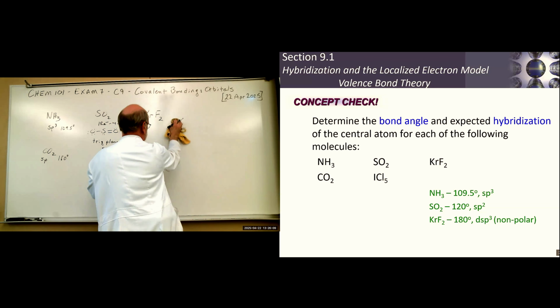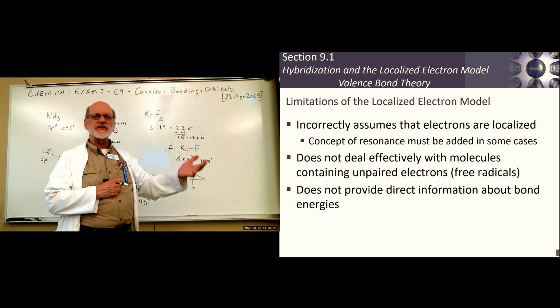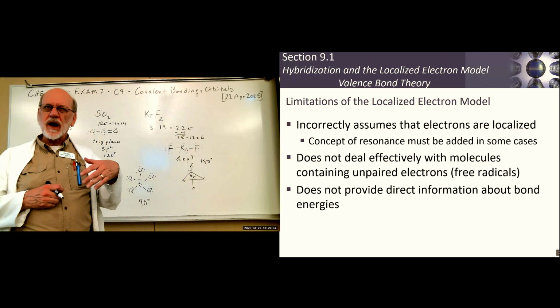And even though we gave you charts with bond energies, those were not actual calculated values. Those were model assumptions that this is probably where the energy is going to be. But there's really no direct calculated information for the energies of these bonds using the localized electron model.